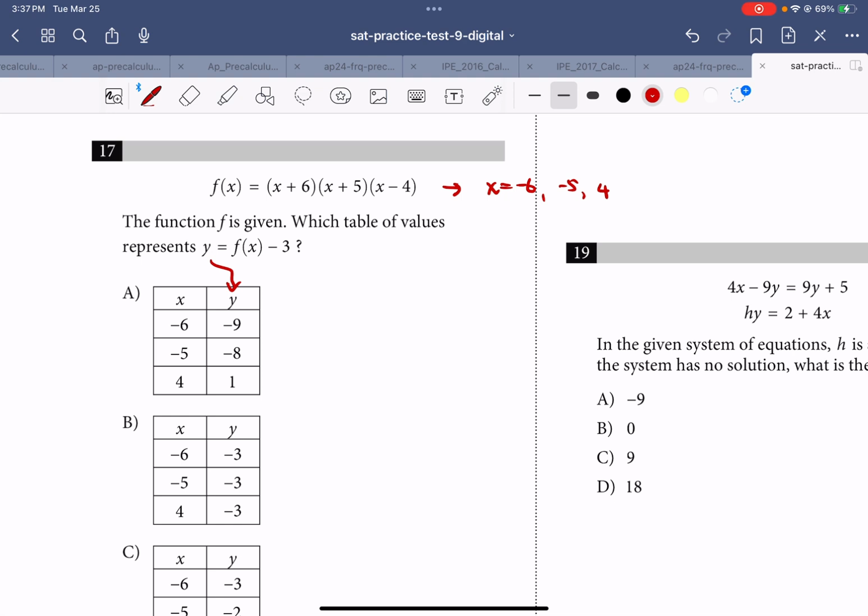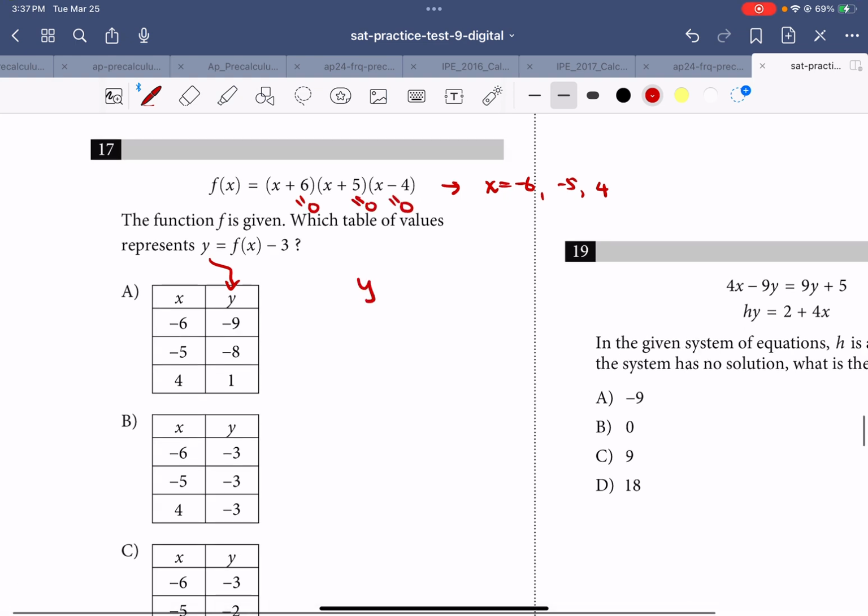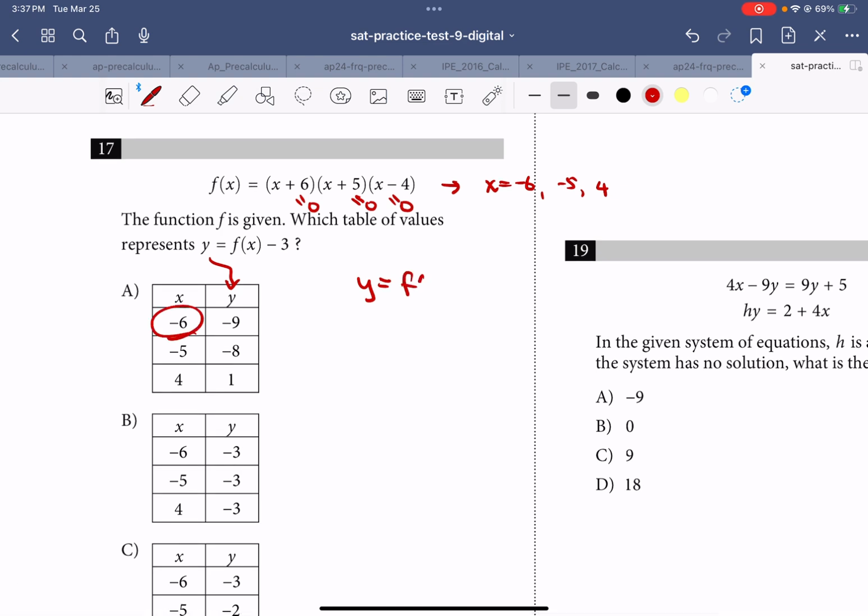Because those are zeros. So that means y equals, let's say when x equals negative 6, for example, f of negative 6 minus 3. F of negative 6, we just found out, is 0, right? 0 minus 3. So that's negative 3.